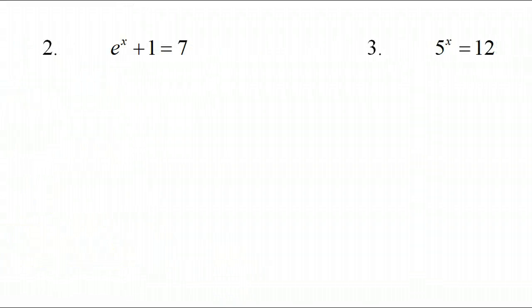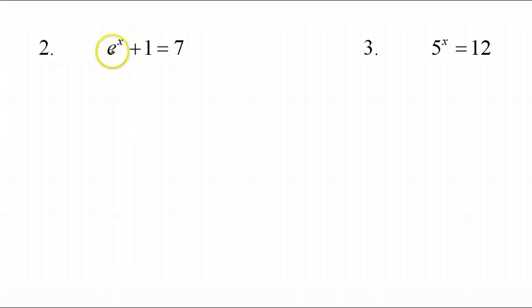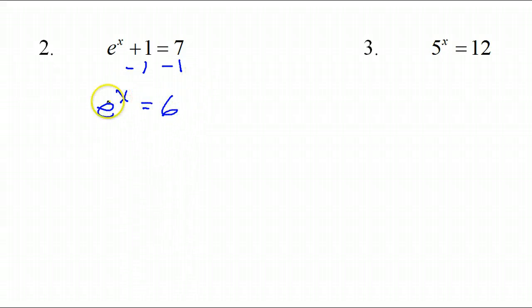Alright, similarly on number 2 we have to get the exponential part by itself first. So we will subtract 1 from both sides, so e to the x equals 6. Now we will do log form, starting with the base. So this will be log base e, and these will switch sides. I'll have 6 here and equals x.